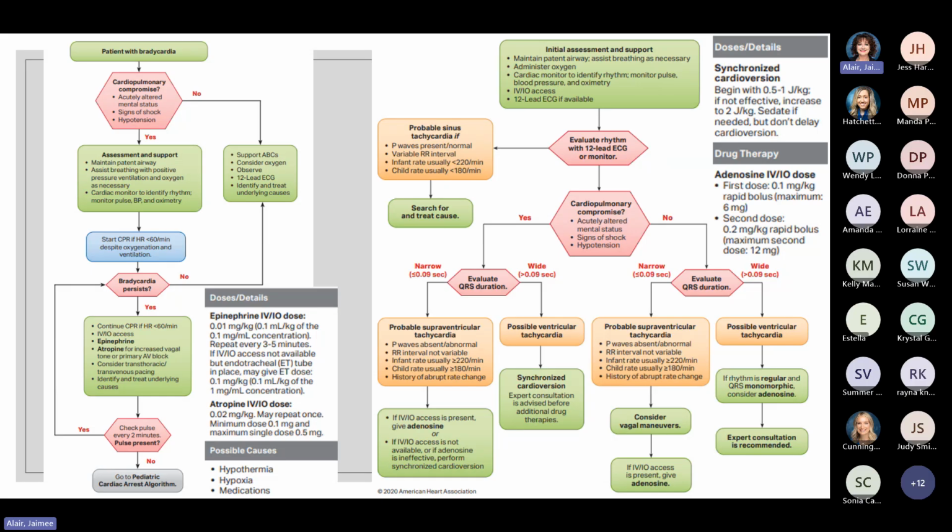Did the patient take a medication or overdose on a medication and now they're having bradycardia that we need to treat with something else? Also remember with bradycardia that even though it's a pediatric patient, pacing is still an option. We're going to try other things like epi, even quote unquote push dose epi, those smaller epinephrine doses, and atropine first.